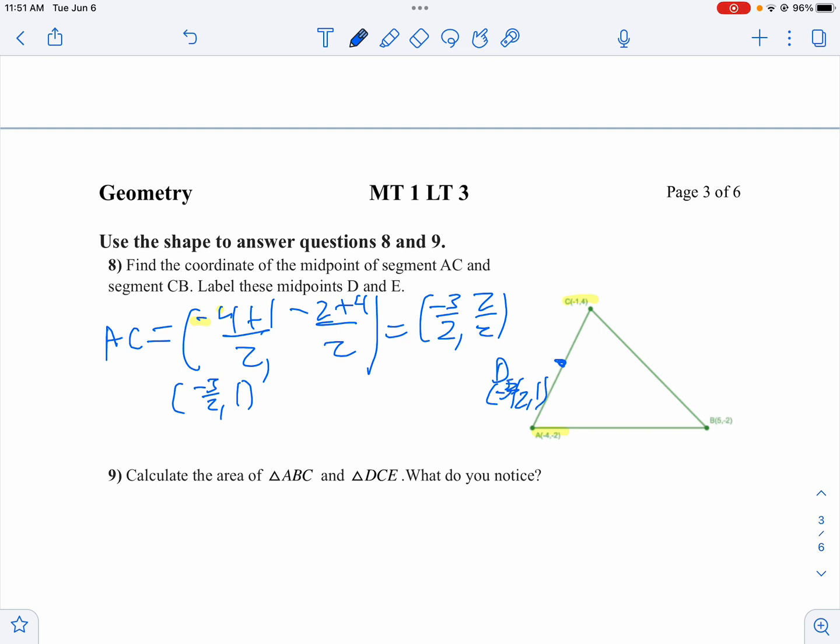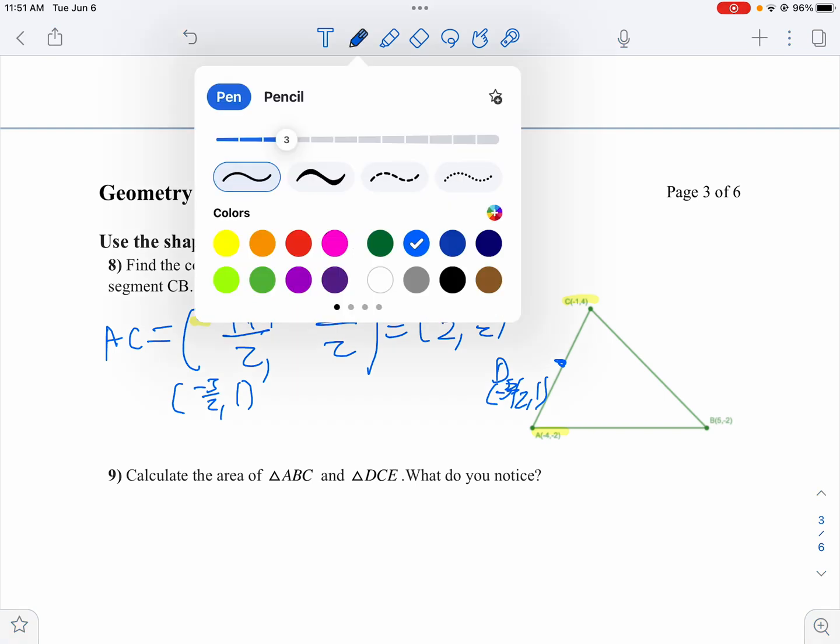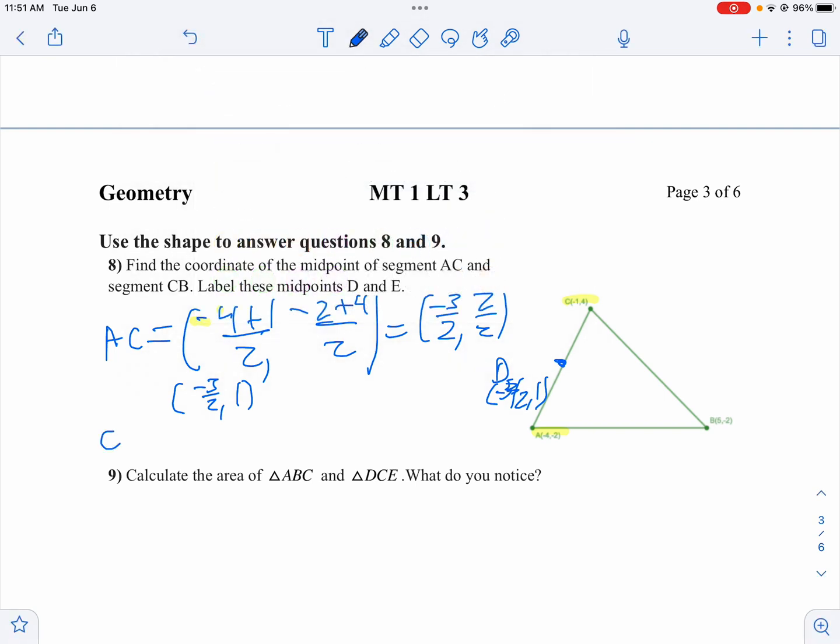And then we'll do the same thing to find the midpoint of B to D. Or C to B, I should, sorry. So I'm going to find the midpoint of CB. So I'll do the same thing. -1 plus 5 all over 2.